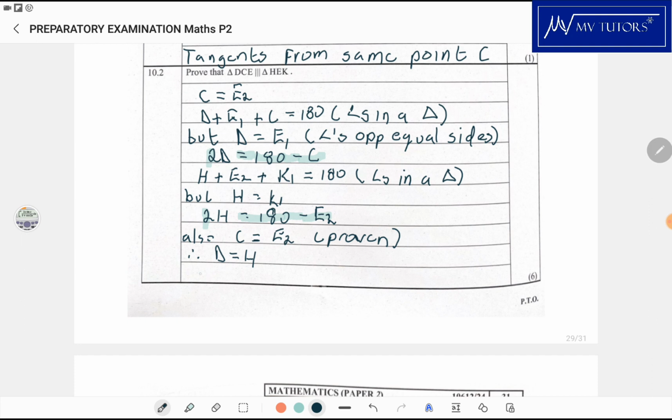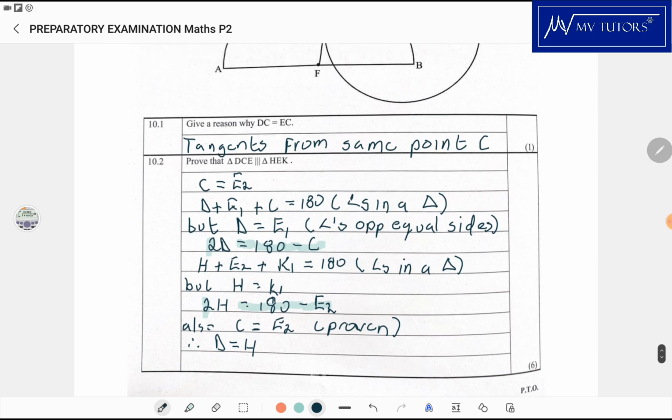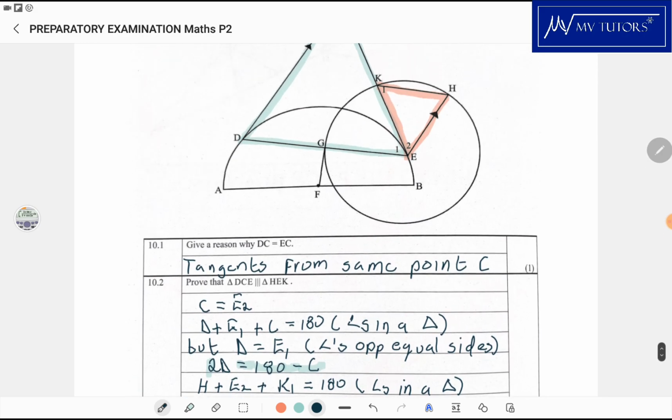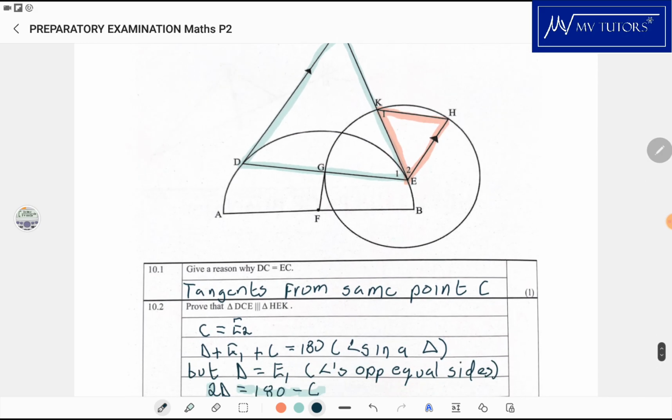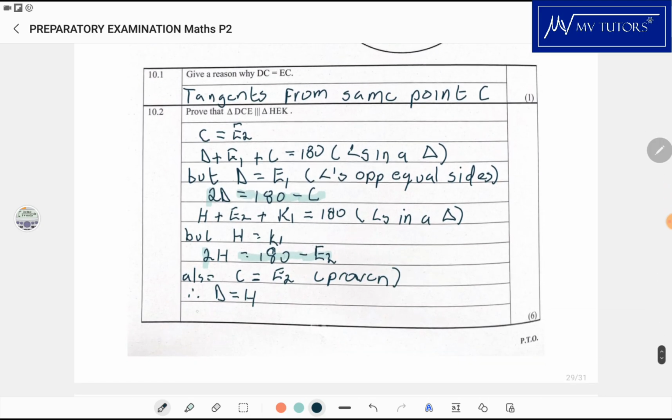The missing ones were E1 and K1. So E1 is equal to K1, and I'm just going to say third angle in a triangle.